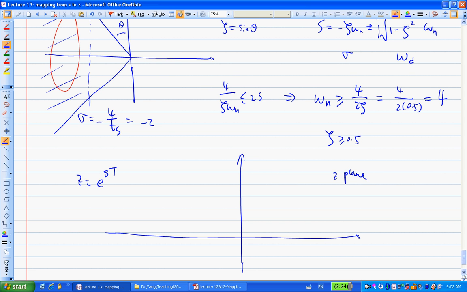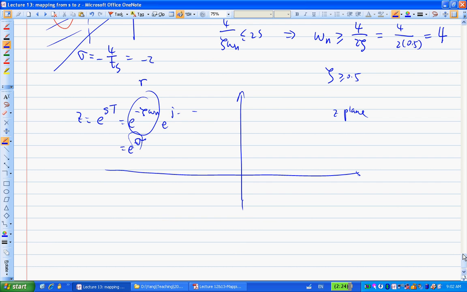Because e to the power sT is e to the power of negative sigma T times e to the j omega T, and sigma is a constant, so the r here is a constant. So you're going to have a circle. This circle has a radius.